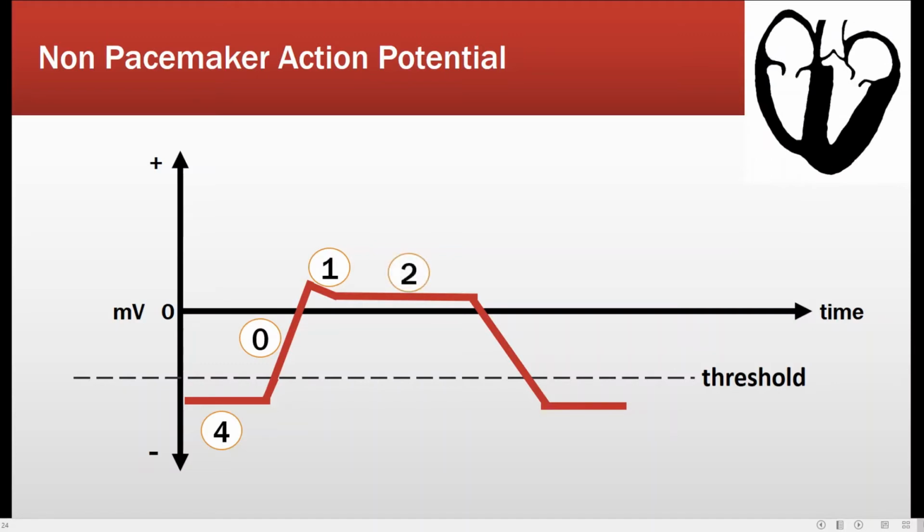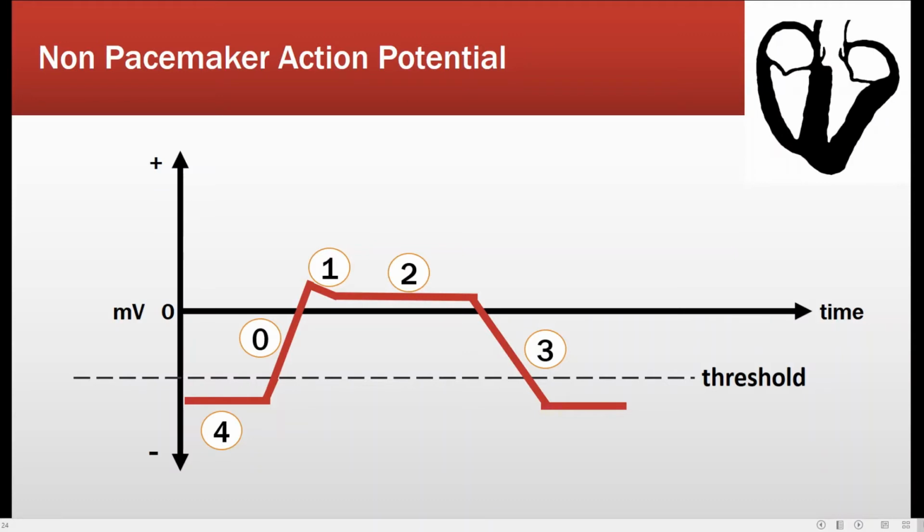Phase 2 is your plateau stage. And phase 3 is your repolarization. As you observe, it kind of resembles your neural action potential or the skeletal muscle action potential.